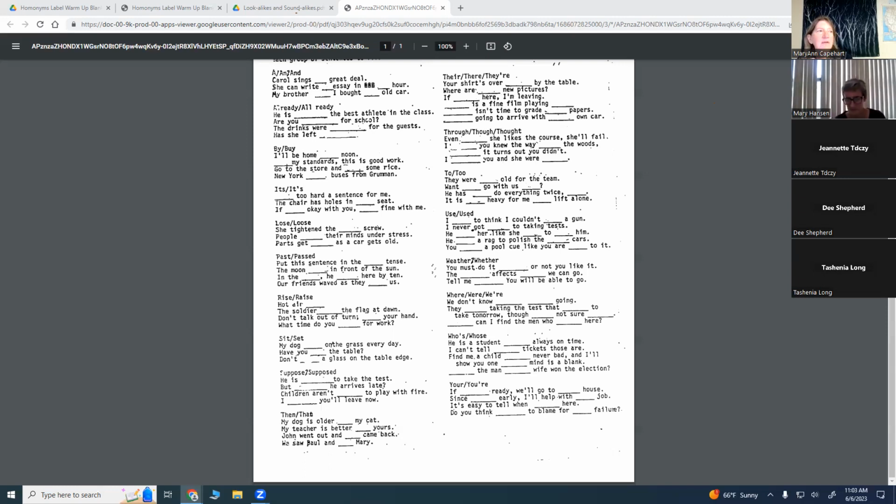How about the second one? Is that it is, or is it possessive? It's ownership. The chair has holes in its seat. No apostrophe, because in English, they decided to put the apostrophe with the verb. Okay, this is tricky. I want you guys to do your best to grab it. Oh, here's one. If we say it is okay with you, how do you spell it then?